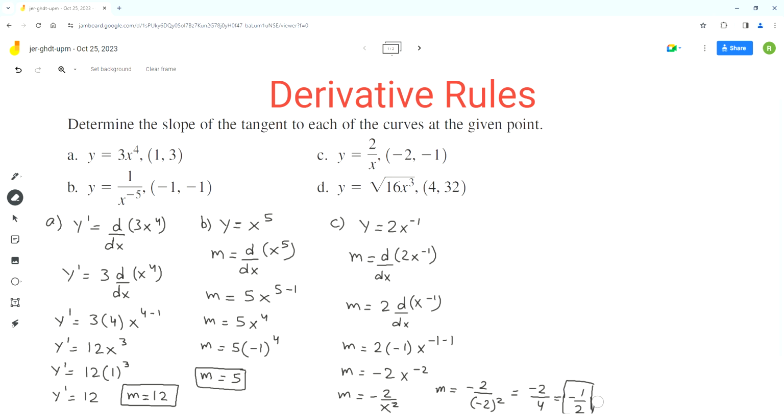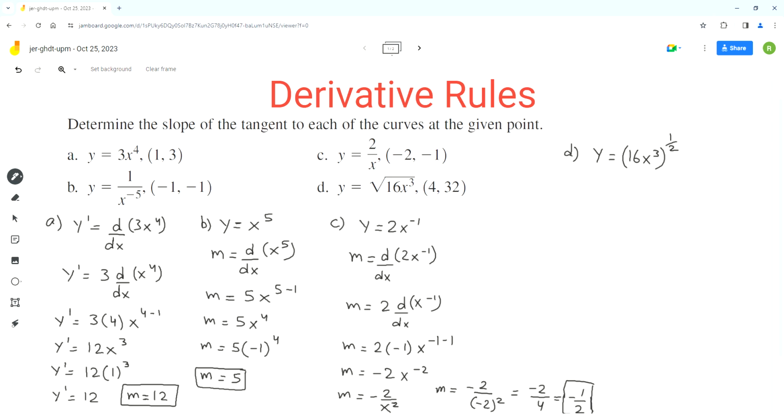So now we can analyze part D. So in part D, we are given a square root function. So the first step here is to change that square root to a rational exponent, which will be equal to 1 over 2. So we'll write 16 and then x cubed and then exponent 1 over 2.